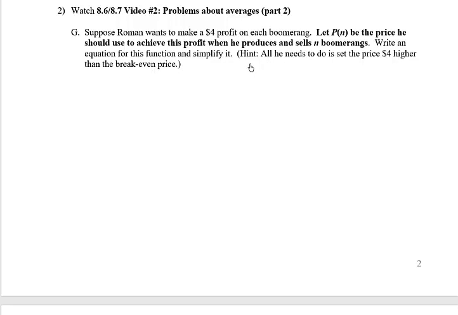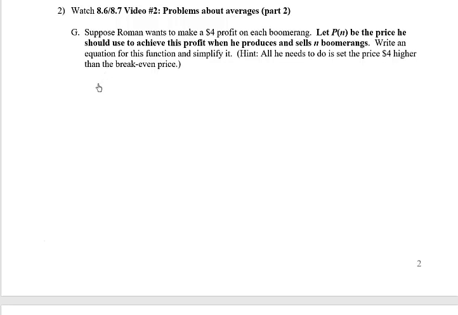Well, this turns out to be very, very simple. Look at the hint. We already found a function earlier, the B of n function we called it, that represented the break-even price, the price tag he should write down to break even. Well, all you got to do is take that price tag and raise it by $4. Then he'll be making a $4 profit on each boomerang.